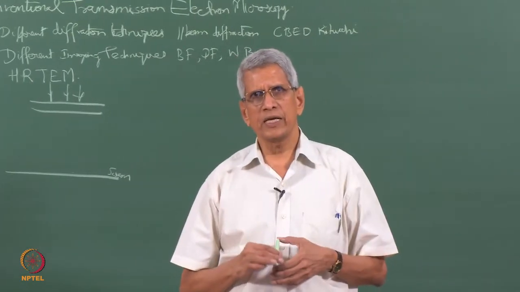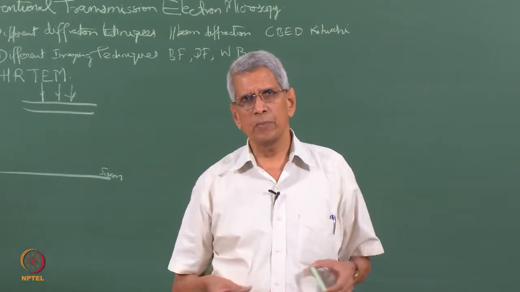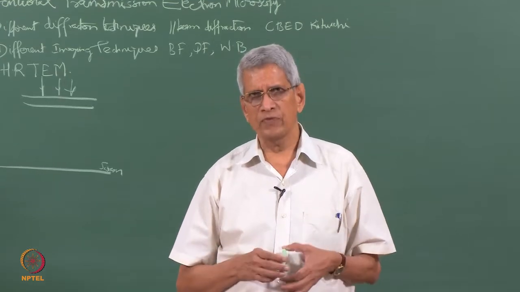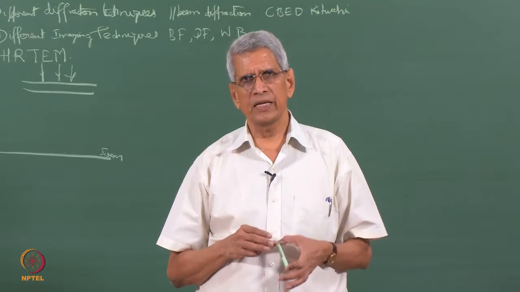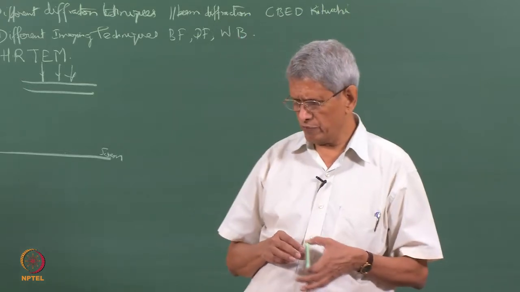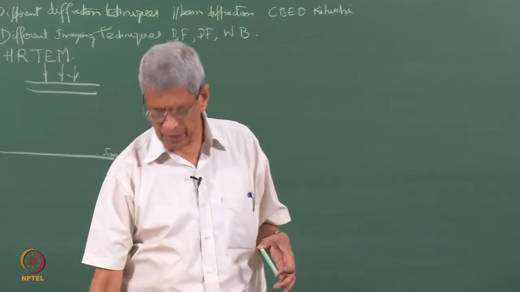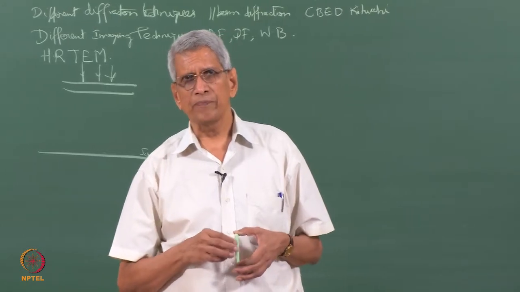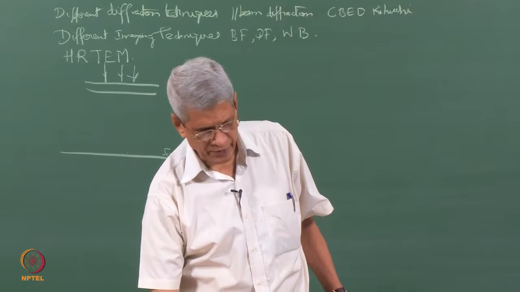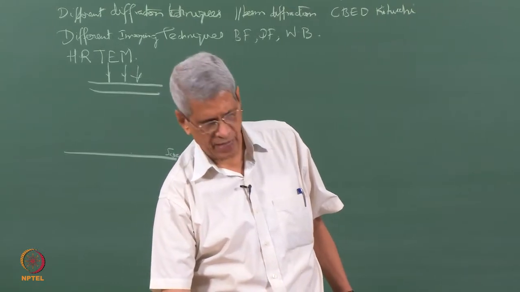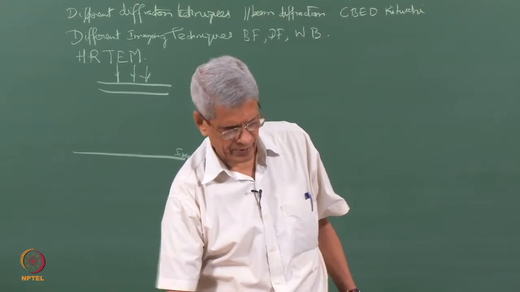Looking at that image taken in one direction, we will not be able to make out the shape of this particle. This information we can get using electron tomography. This has a lot of applications in macromolecular biology, then in finding out the shape and size of second phase particles, all these aspects which we will cover.